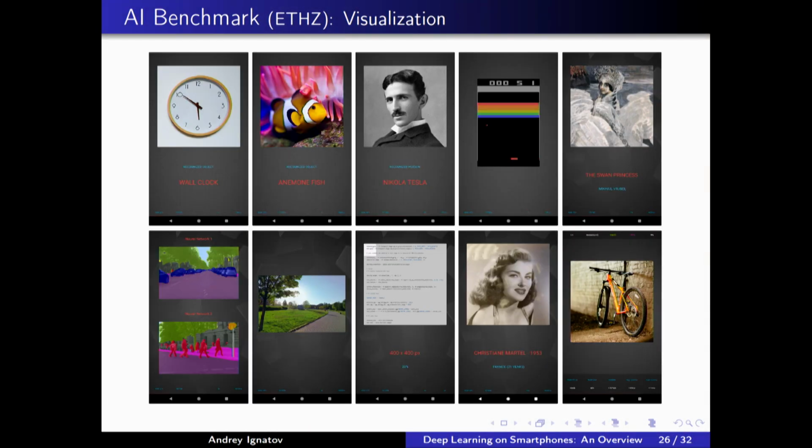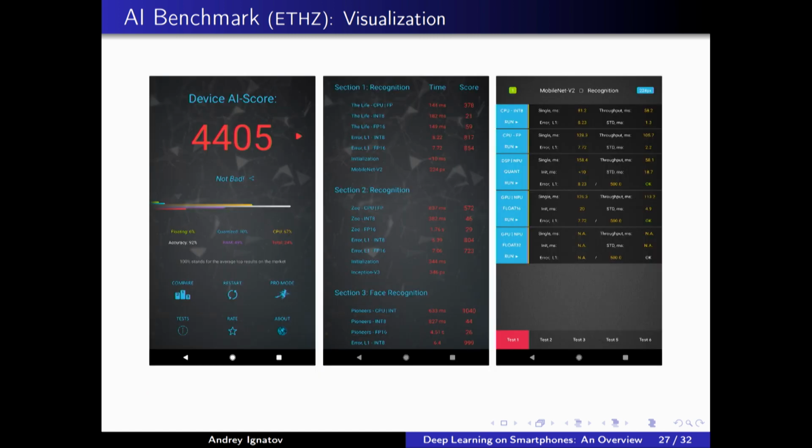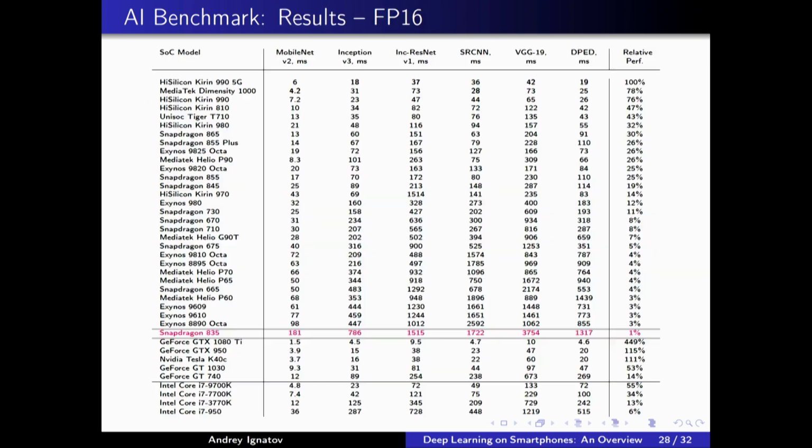And also, when the benchmark is running, users can see visualization of network's outputs. And at the end, they can see detailed results for each section, each test, each model. And this application is publicly available, so everyone can download it from Google Play.